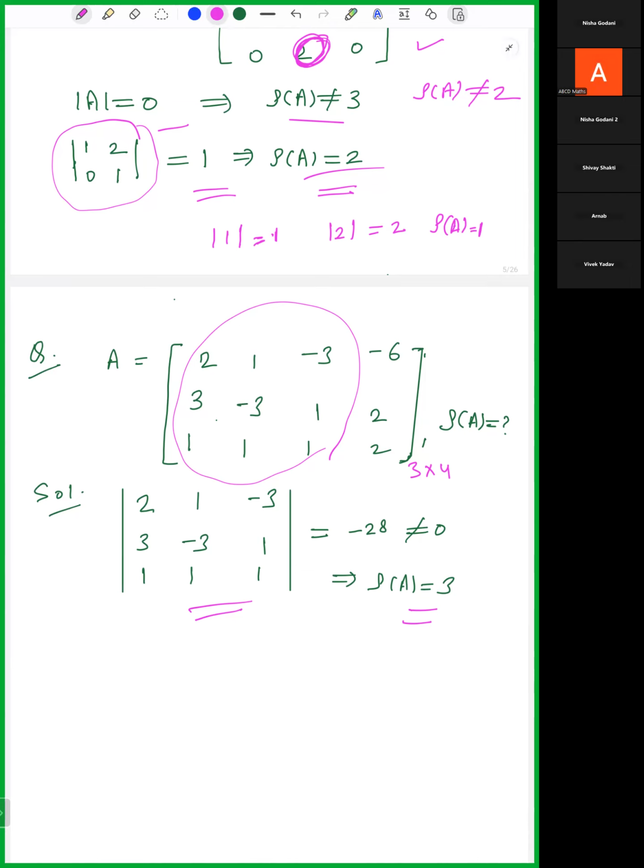You can also start from lower to higher. Then you will see that you have some matrix of order 1 giving non-zero, then a matrix of order 2 also giving non-zero, then you will check for 3. But I like this method of going from higher to lower. So in reverse direction also you can move and find the rank.